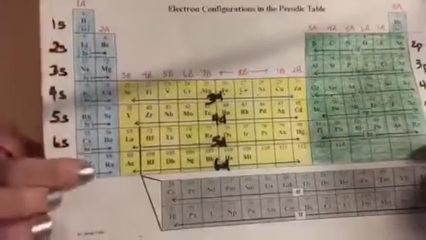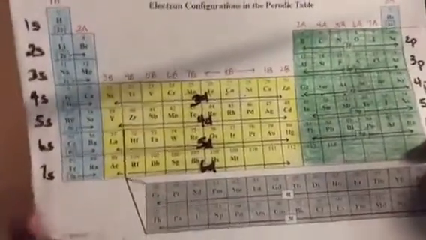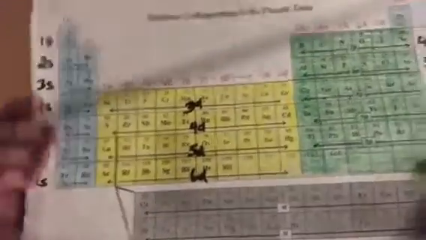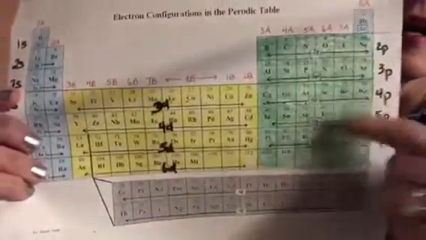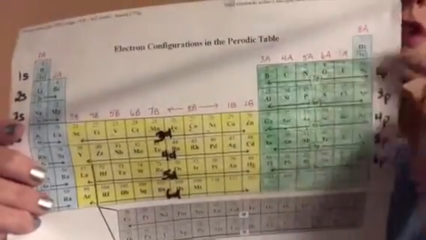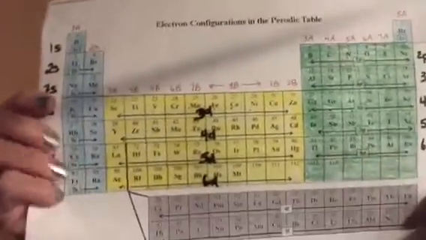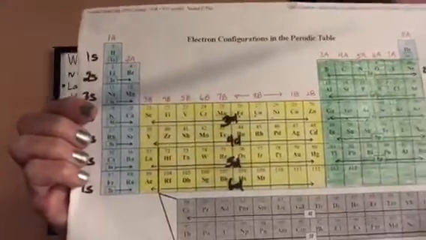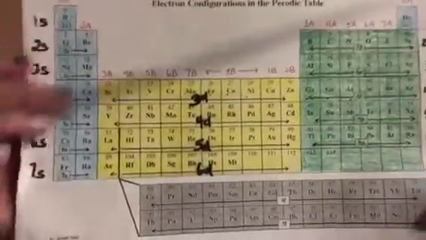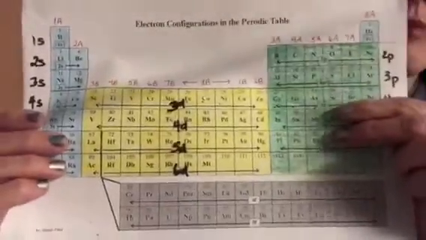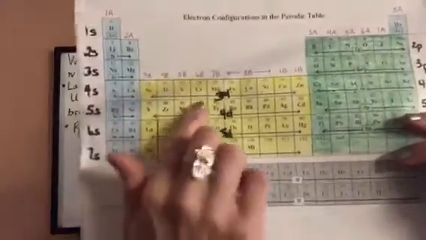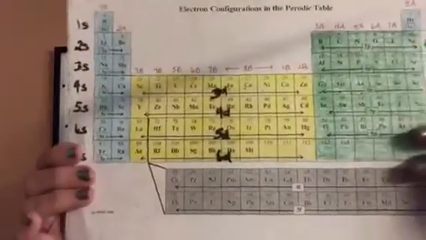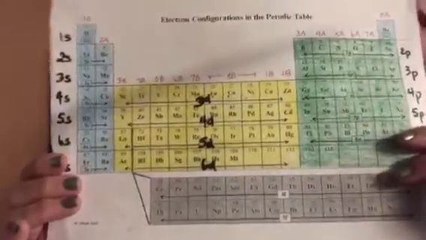Groups 1A and 2A, they are your S block. Groups 3A to 8A are your P block, with the exception of helium. So your representative elements, which are your group A elements, end in either an S block or a P block. Your group B elements, your transition metals, they are your D block elements.